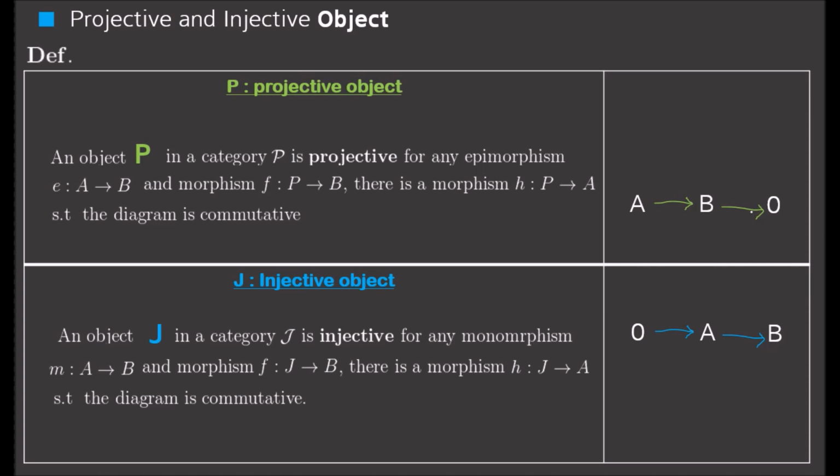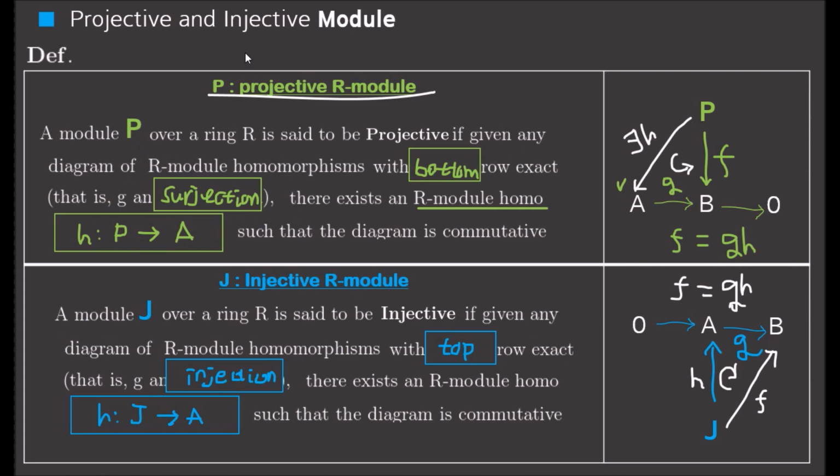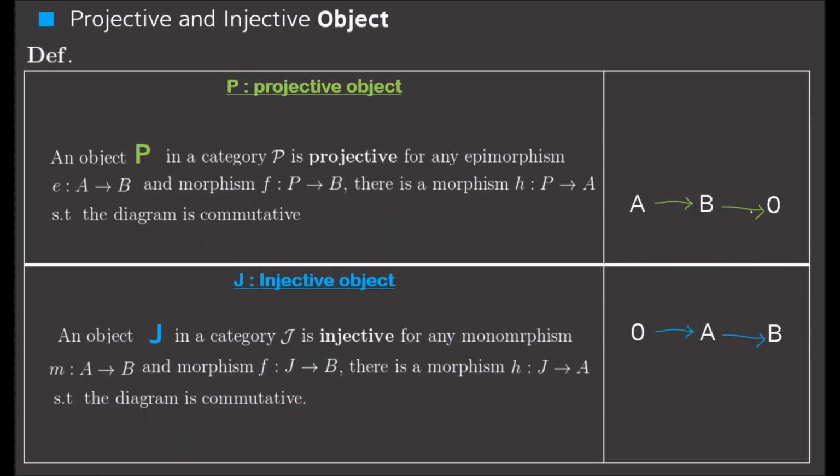As we learned, category theory is a generalization of concepts. For example, R-modules and abelian groups are generalized by objects. Similarly, we can define projective and injective objects, which generalize projective and injective modules.